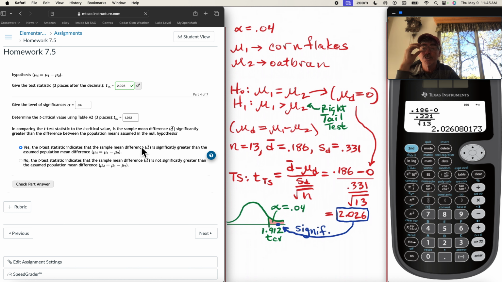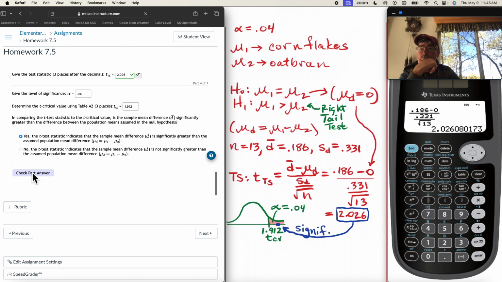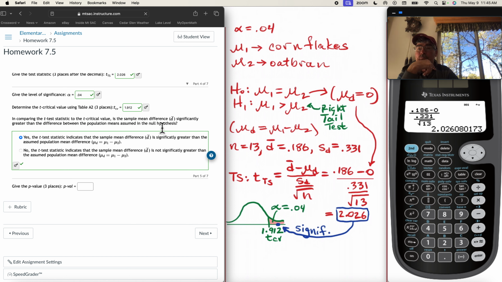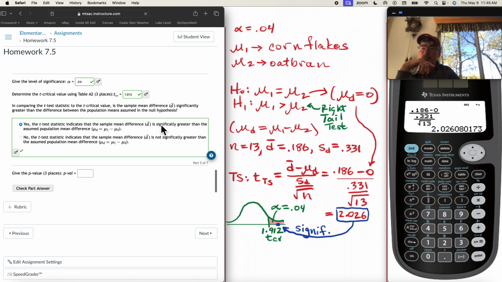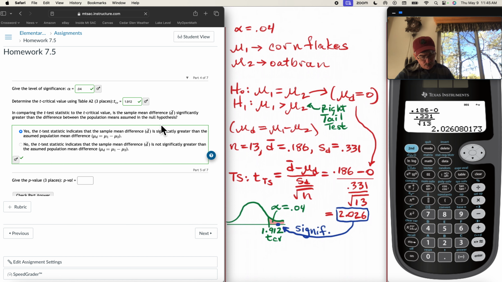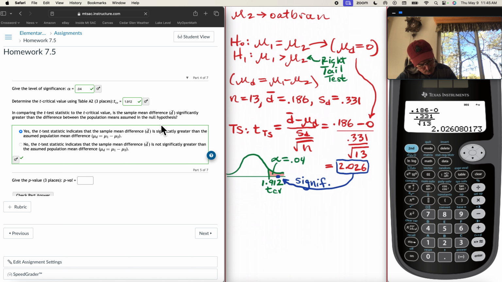The mean for the first group, the cornflake group, is significantly different than the oat bran group, which means the mean difference is greater than 0, which is what we have here. So we'll go ahead and check all that. Okay, so then the p-value, let's go with that. Now I'll just get another picture of the distribution.